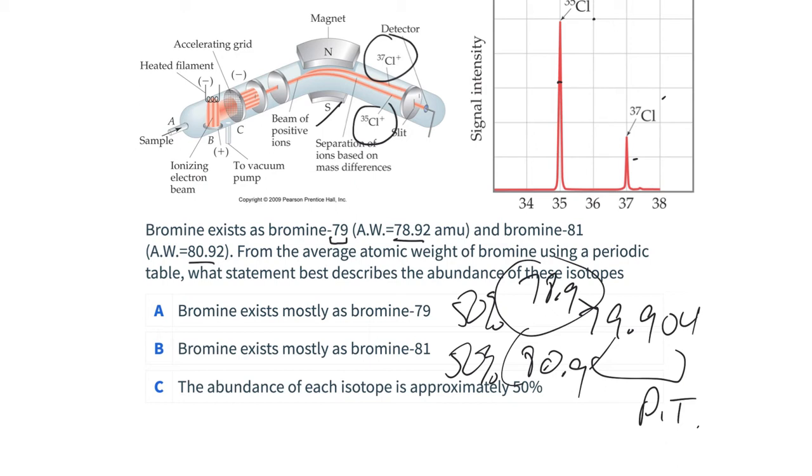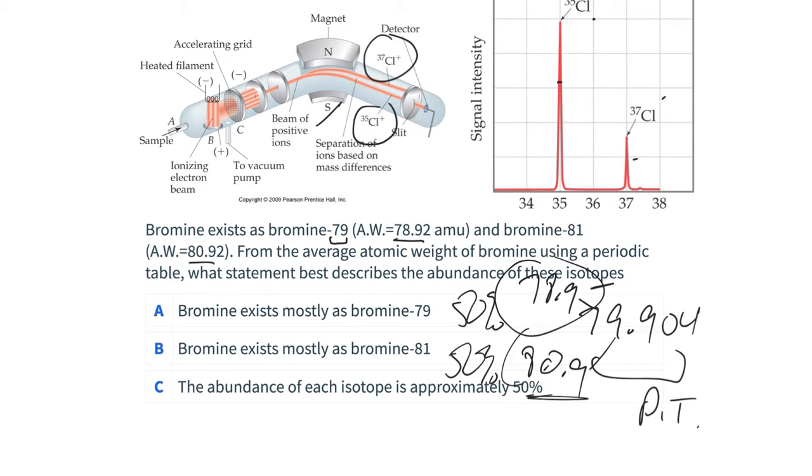If bromine was like 99% bromine 79, then the average atomic weight would have been almost 78.9. Likewise, if bromine was 99% the heavier isotope, the average atomic weight would have been closer to 80.9. So you can get a sense of, if you know there's two isotopes, one here in mass, and the average is in the middle, then we've got about a 50-50 ratio of the two.